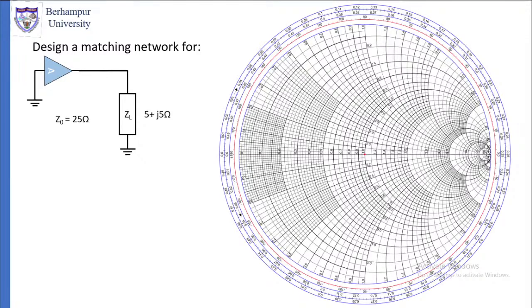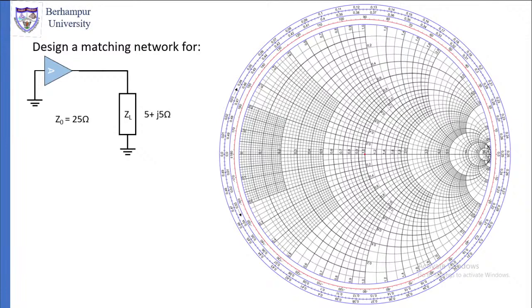The output impedance of this amplifier is 25 ohms. Z0, the impedance of the amplifier input, I am not concerned with. I am concerned with the output. Somehow we have designed an amplifier whose output impedance is 25 ohms.